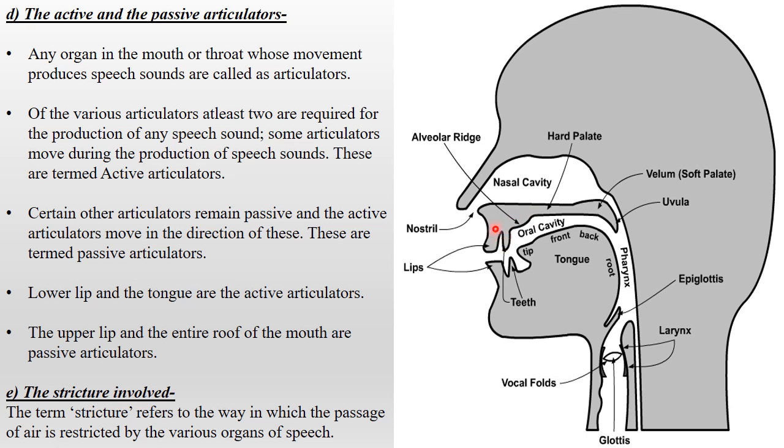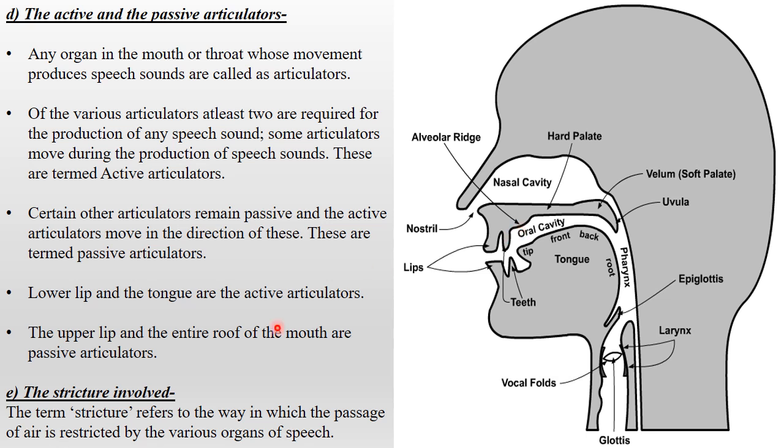That is why they are called passive articulators. So the organs which move, which are mobile, are called active articulators, and the articulators which are stable, which do not move during the production of sound, and toward which the active articulator moves, are called passive articulators.